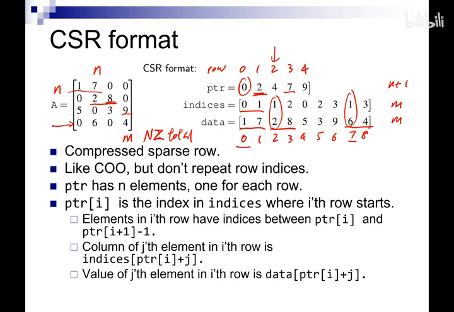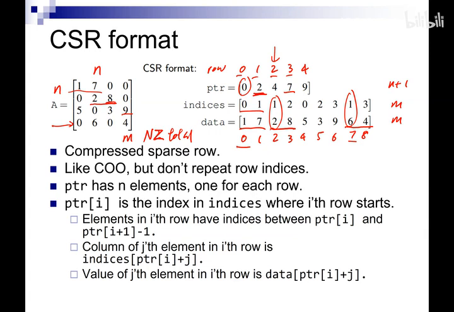That's how you interpret all of the values in the pointer array. The reason it's called pointer is that these are basically pointers that tell you where to look in the indices and data arrays to get the values for the different rows, for rows 0, 1, 2, 3.